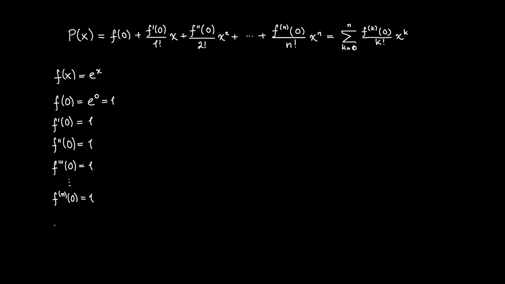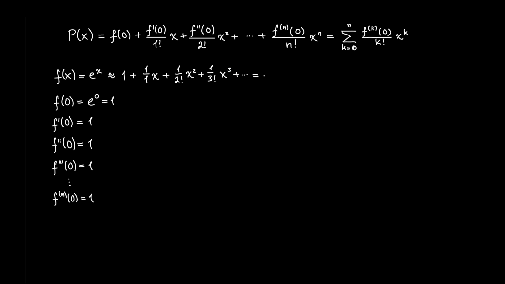Well, this would simply mean that e to the power of x can be written as a polynomial, specifically f of 0, 1 plus 1 divided by 1 times x plus 1 divided by 2 factorial times x squared plus 1 divided by 3 factorial x cubed, and so on.